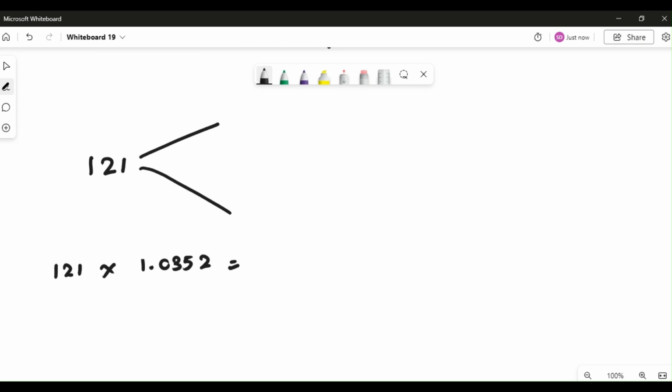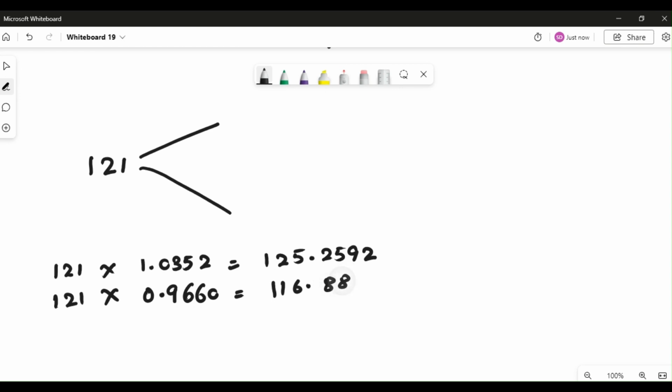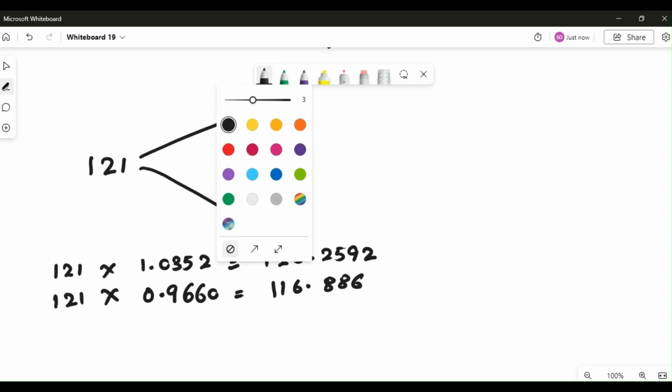If you do this, you are going to get your answer as 125.2592. And then it is a downward trend. In a downward trend, it is going down by 0.9660, which means it will be 116.886. So this is the new spot rate here.